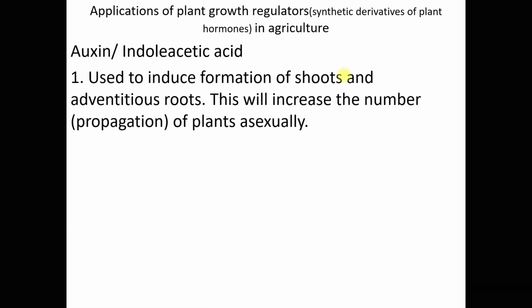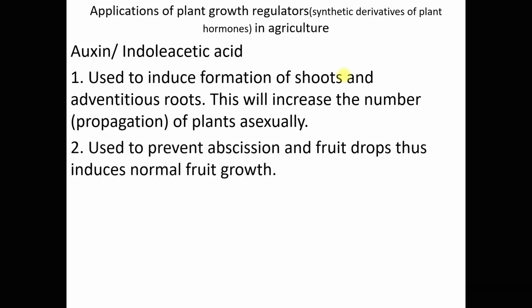The first one we have is auxin, or synthetic auxin, indole acetic acid. Synthetic auxin is used to induce formation of shoots and adventitious roots, which will increase the number of plants asexually. It is used to prevent abscission and fruit drops, thus inducing normal fruit growth.